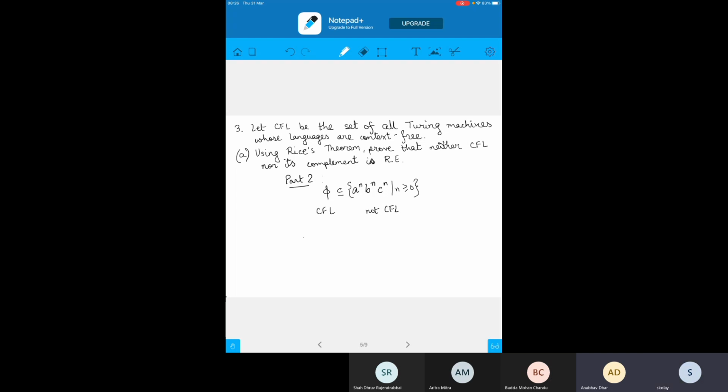So it's not monotonic, and this language shows non-monotonicity for CFL.